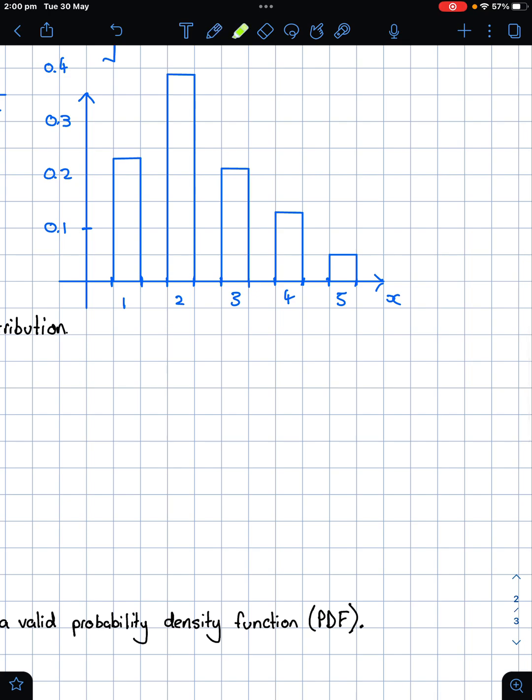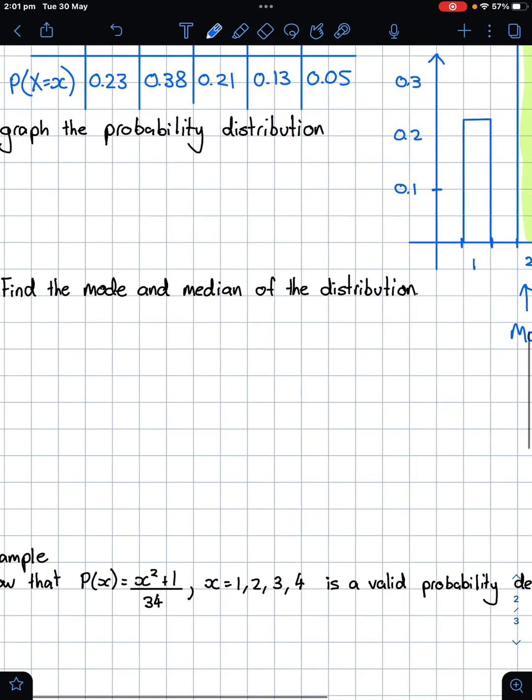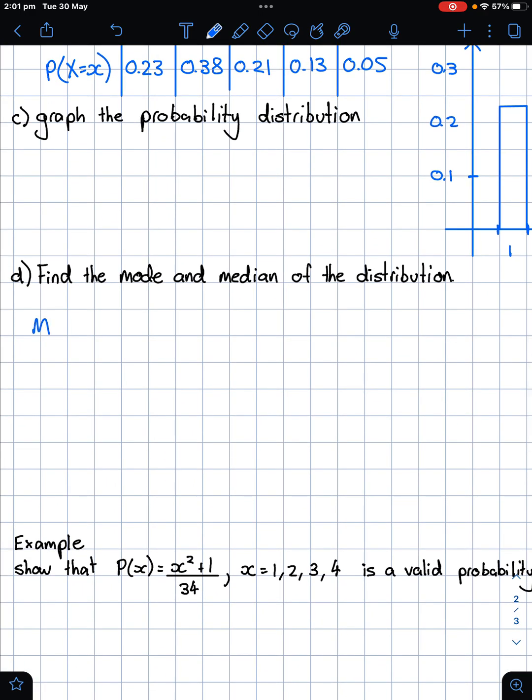So straight off the bat from the graph, this one here is going to be the mode. So the mode is X equals 2.